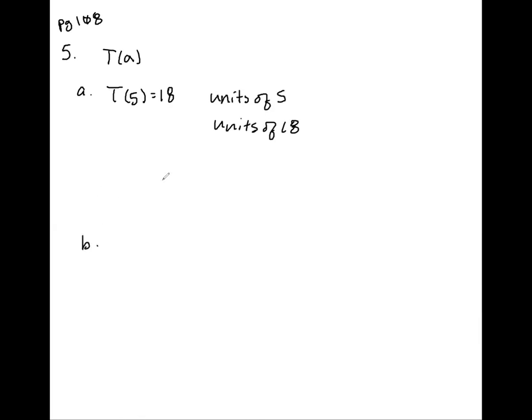And then for part B, it'll give us T prime of 5 is equal to negative 3. And so it again wants us to give the units and then talk about what it means. So any idea what the units of 5 is for part A?